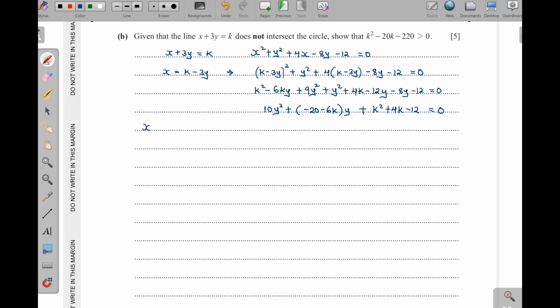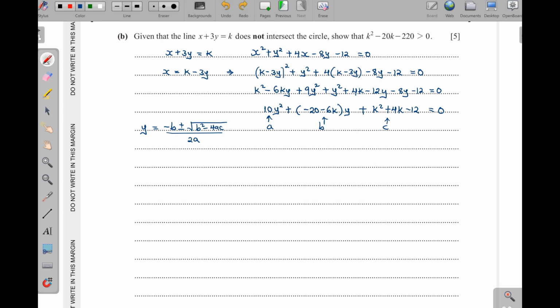And when we are solving for y here, y is going to be equal to minus b plus or minus the root of b squared minus 4ac, all over 2a. You see that? So this is the b, the whole of this is the a, and the whole of this is the c.